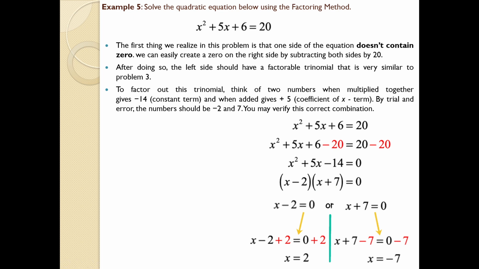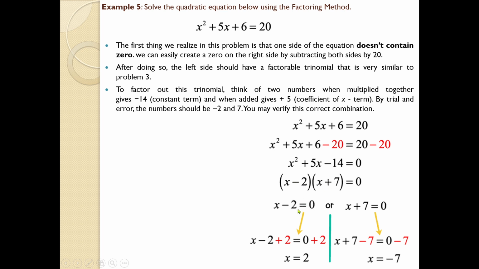I believe you all know why this is x minus 2 and x plus 7. You can either use x plus 7 and x minus 2. There is no rule regarding which one has to be which factor. This one is known as a factor, this is known as another factor. There is no rule regarding this factor has to be shown here or this factor has to be shown here. So the values are x minus 2 and x plus 7.